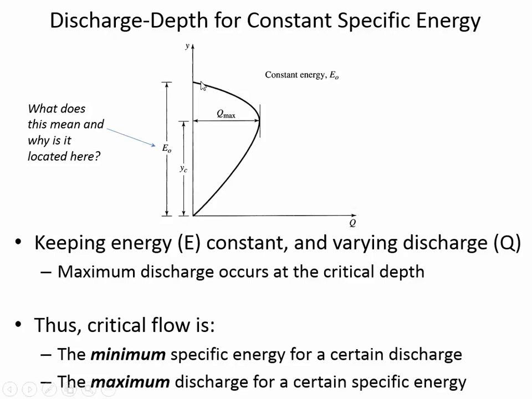By contrast, up here at the top, most of the specific energy is as depth, and so there would be very low kinetic energy. Just as we can divide the specific energy diagram into a supercritical and a subcritical range, the same thing is true here. All of the flow conditions above this are subcritical, and below here are supercritical. We can divide that curve up into regions.